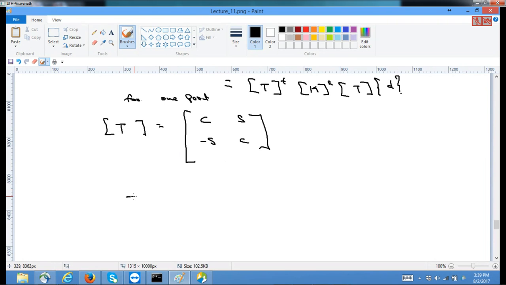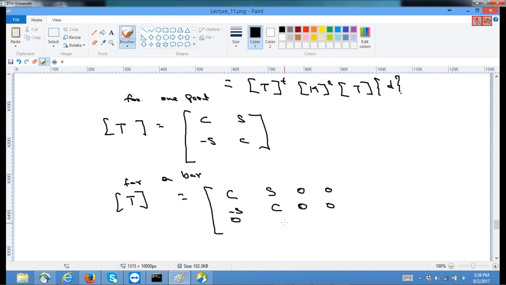So our T for a bar would be C S minus S C 0 0 0 0 0, 0 C S C. You need to know that this is for a 2D bar.